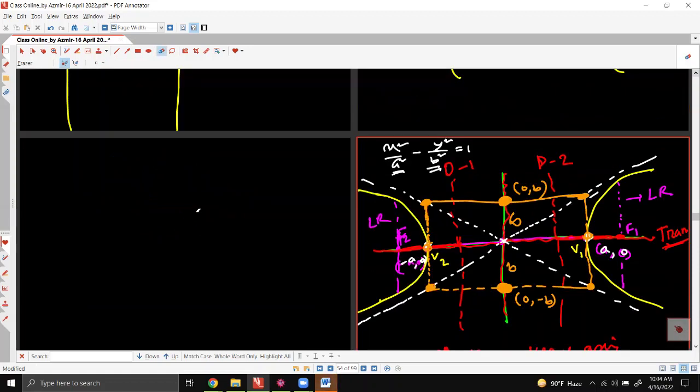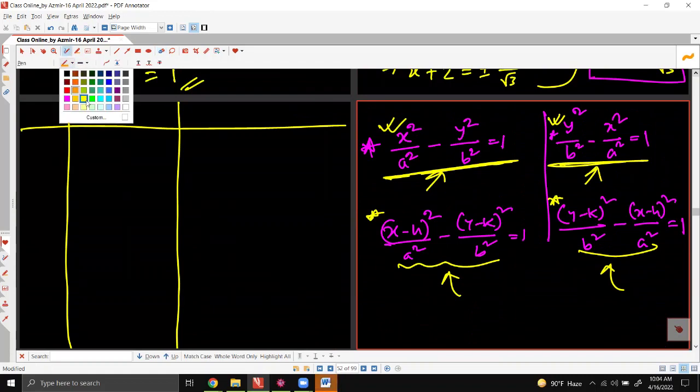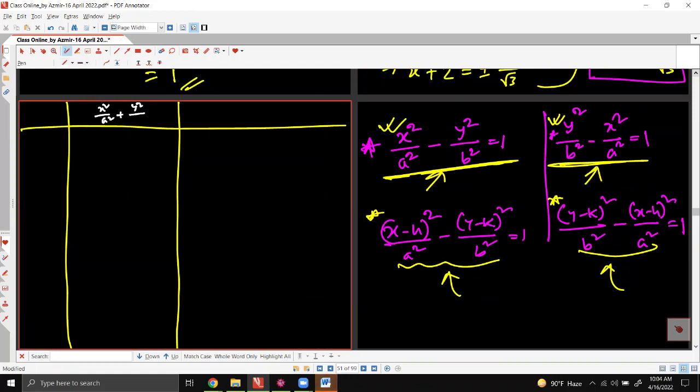Okay, so let us now write all the formulas. So at first we are writing the formulas for x squared over a squared minus y squared over b squared equals 1, and then we will write y squared over b squared minus x squared over a squared equals 1. So at first, center will be at 0 0 for both cases.